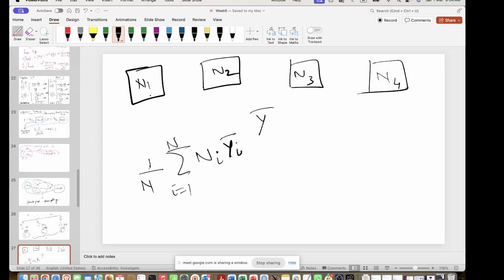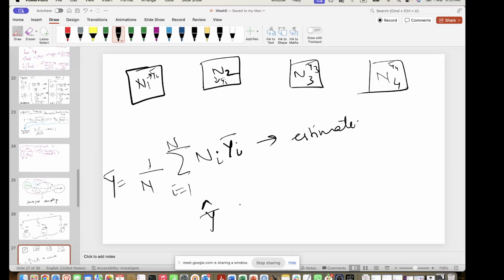This is an SRS sample, so I have yi bar here, y3 bar here, y4 bar here. I'll be able to estimate with the help of the sample means in each of these strata, because within the stratum we are doing simple random sampling. So for stratified sampling, this is the y bar we are trying to estimate.